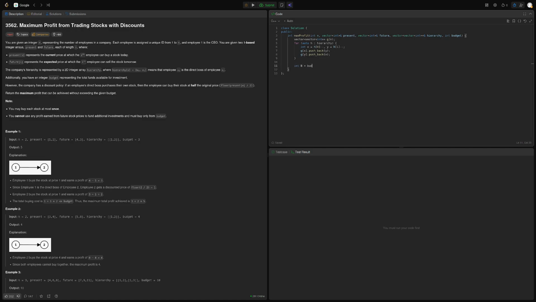Let's do B because I don't want to type budget every time. And now what we need is some dynamic programming on vertices and budgets. So dp[i][j] is the profit over vertices and over the budget.